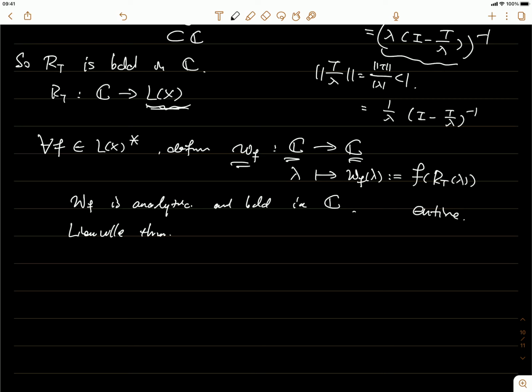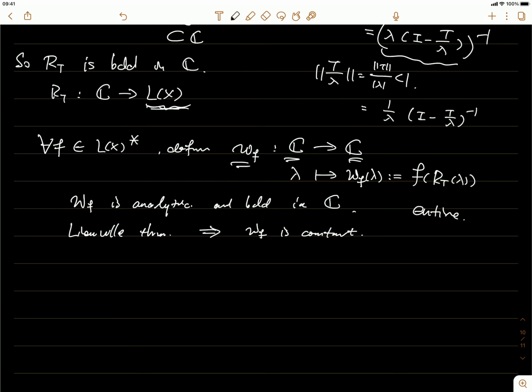If it is also bounded, then it implies that the Wf must be a constant function. For any lambda you put in, it must take the same value. We don't know what that value is, but it's a constant value.